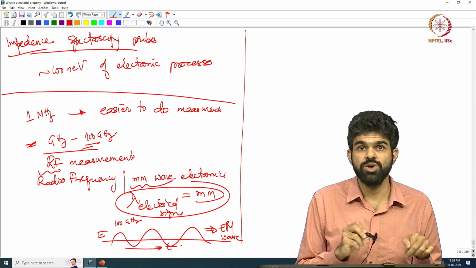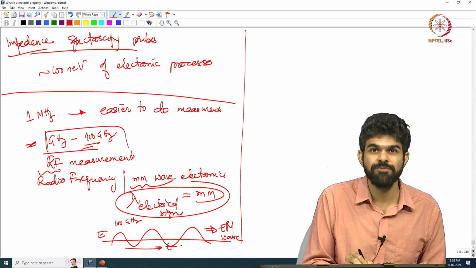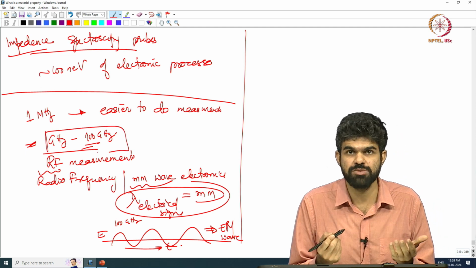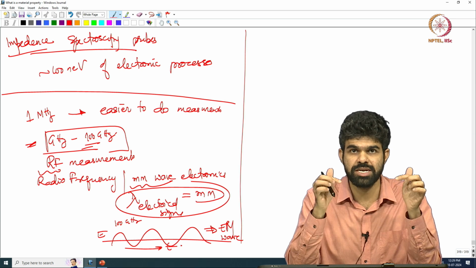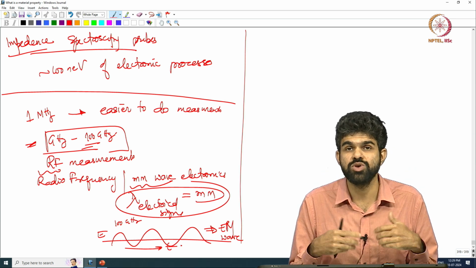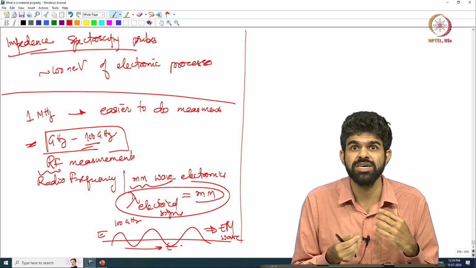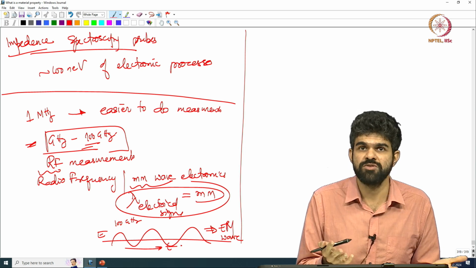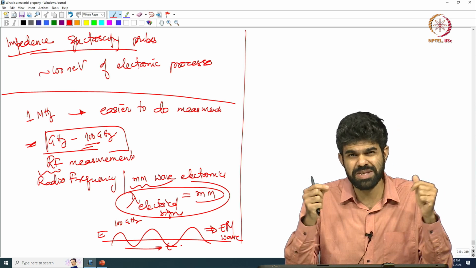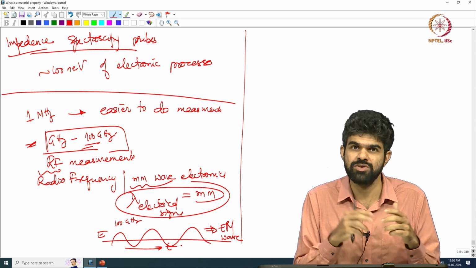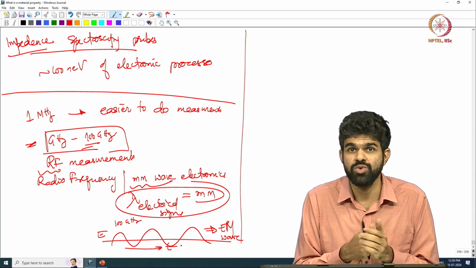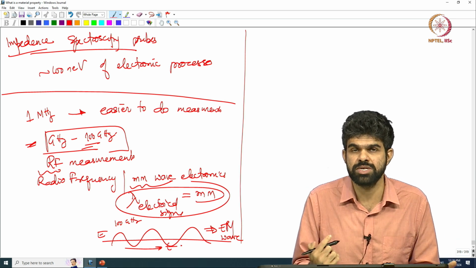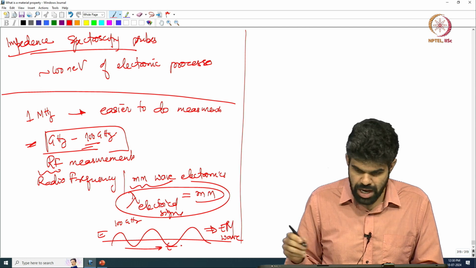At these frequencies some special attention needs to be paid to the way you measure, so your measurement protocols are different, and not every lab in this world can do these measurements. They need to be done specifically, and you have to develop some expertise. Okay, so I am going to show you.